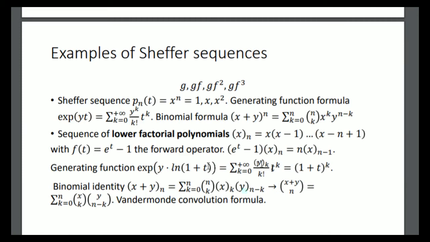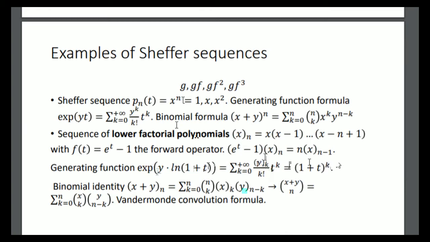Compared to earlier, instead of having y to the power of k, we have the lower factorial polynomial. And if you simplify this part, it's equal to 1 plus t to the power of y. Sorry, it's to the power of y, not to the power of k.